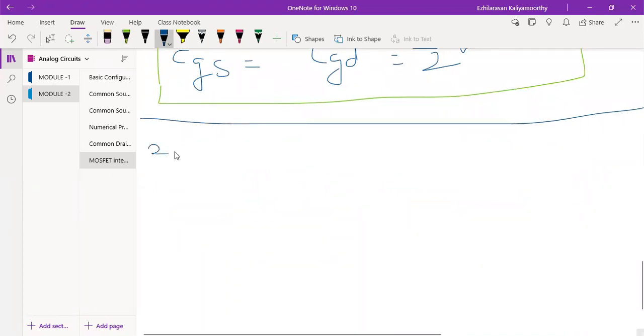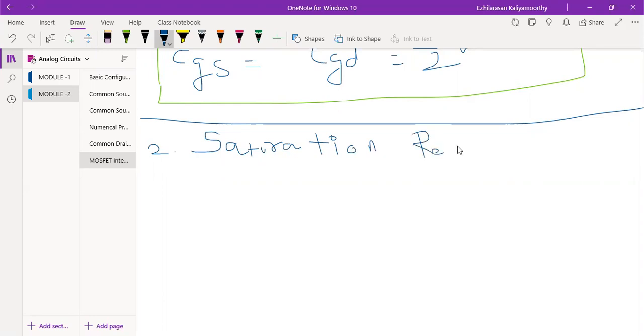So next, let us go for the second case. Now you consider the saturation region. The MOSFET is in saturation region, or you need to operate in saturation region. So in the saturation region, what is the expression?